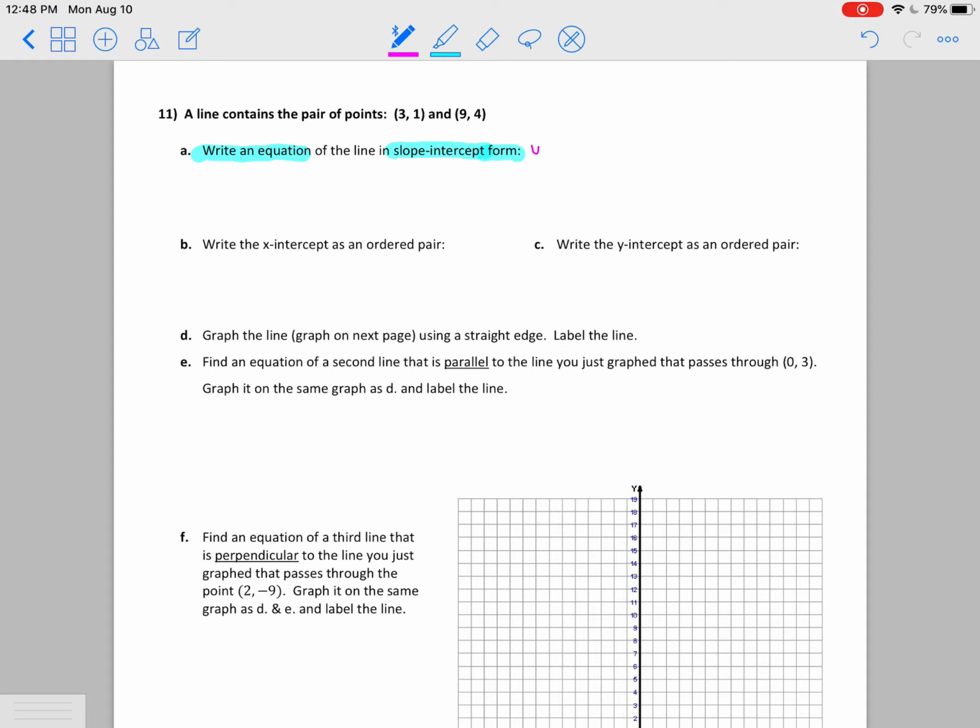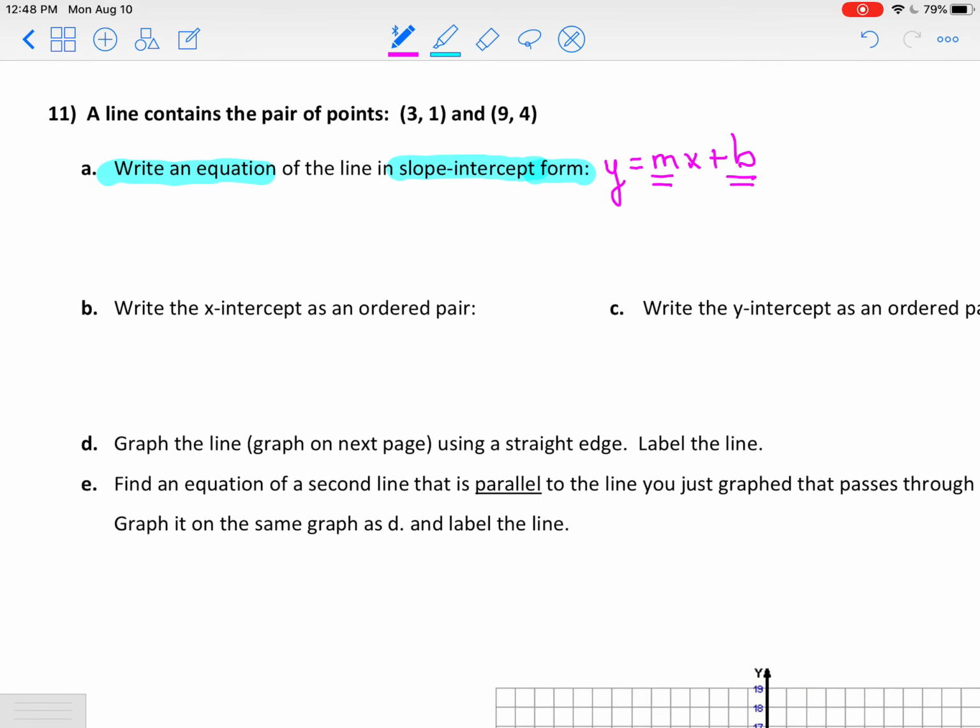So as a reminder, our slope-intercept form is y is equal to mx plus b. We know our job is to find both of these values. So with 2 points, in order to find our m, we're just looking at the difference between our y coordinates divided by the difference between our x coordinates.